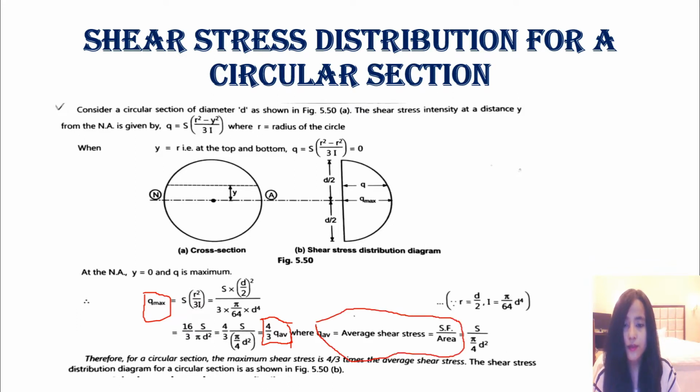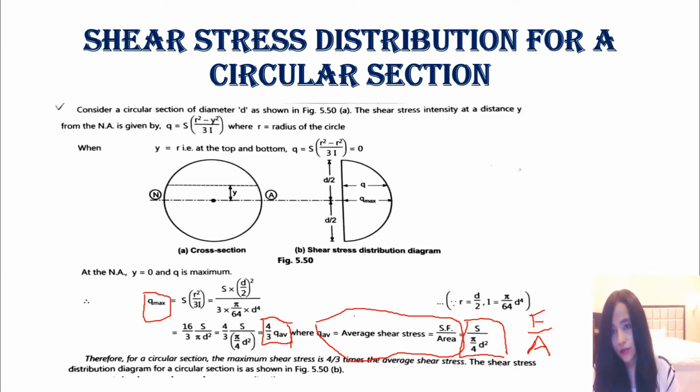And this force by area, the area of the circular section, will be pi by 4 d square. So you will have at the end force by area, where area of the circular section is equal to pi by 4 d square.